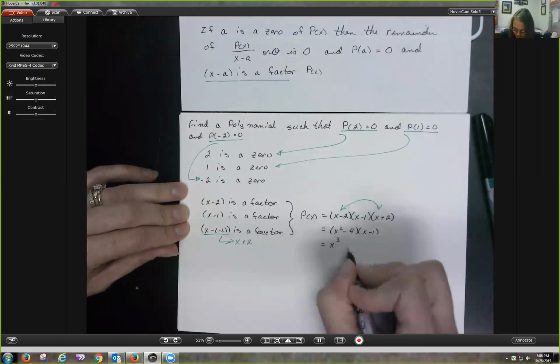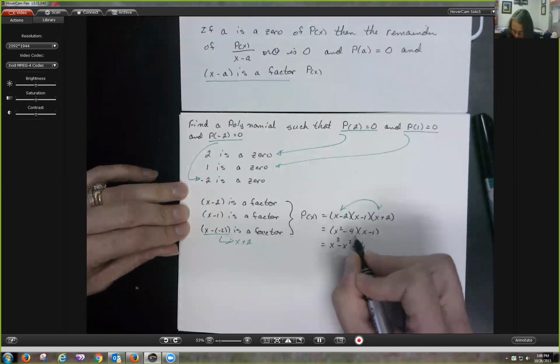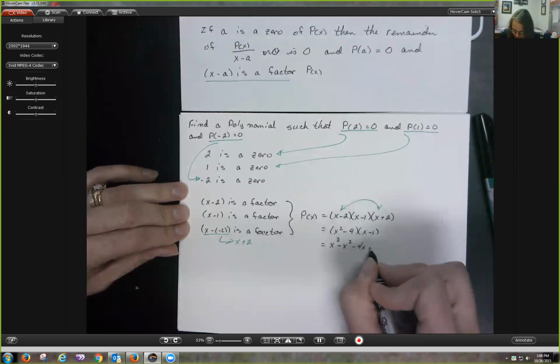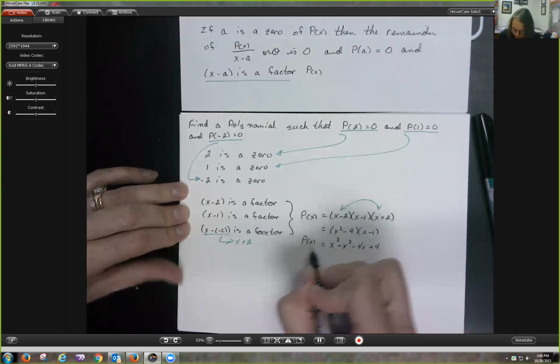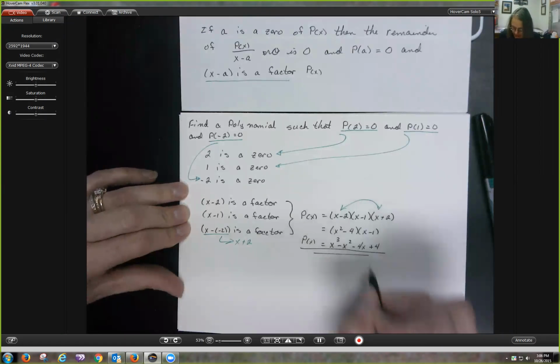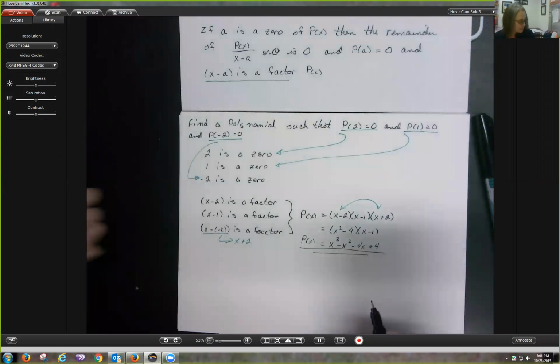Negative 1 times x squared is minus x squared. Negative 4 times x is minus 4x. And negative 4 times negative 1 is plus 4. And this polynomial has zeros at negative 2, 1, and 2. You can check me by plugging them in or by graphing it.